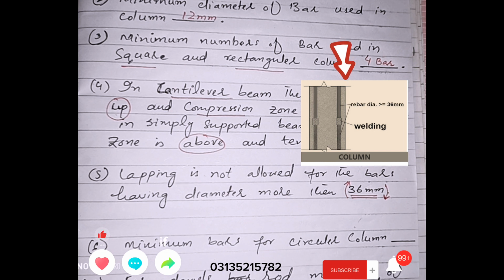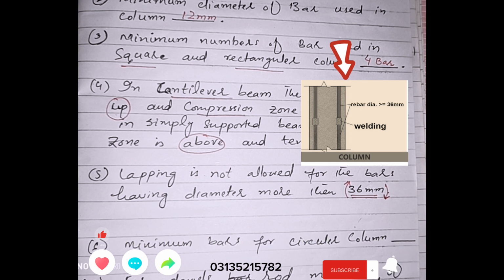You should consider welding these bars instead of lapping. If welding is not possible, you can overlap these bars with an additional 6 millimeter bar spiral.